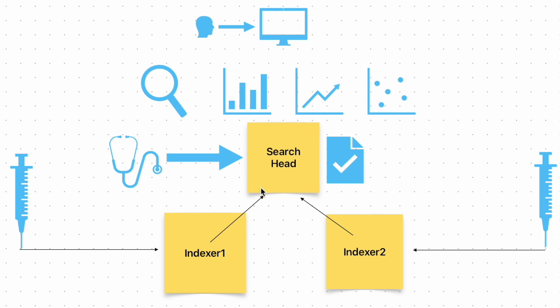I will not go into detail about the other components here. I will talk only about the search head, the distributed indexers, and their configuration. It's optional, but there is one component, the monitoring console, which checks the health of your environment.